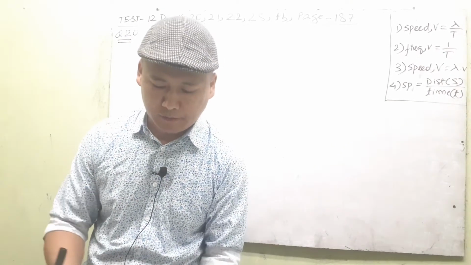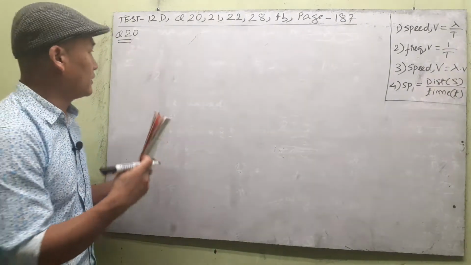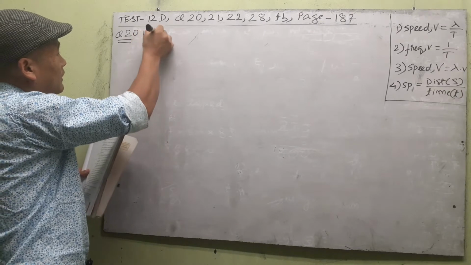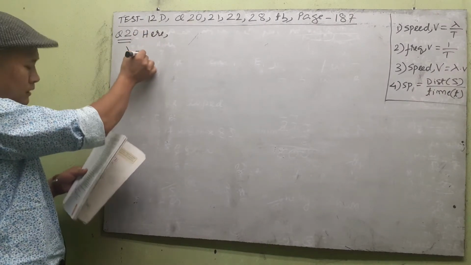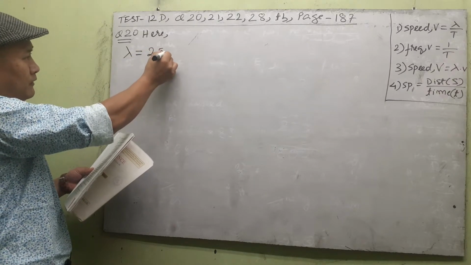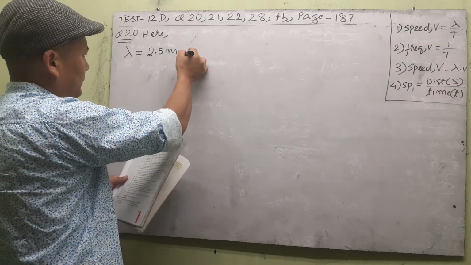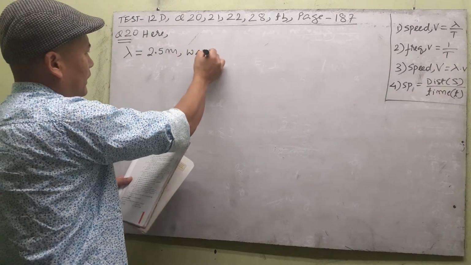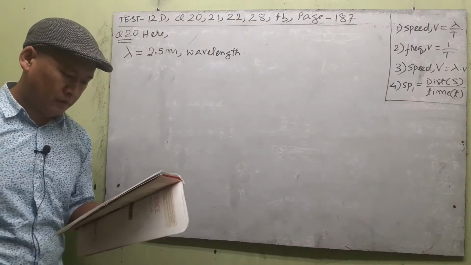A vibrating body produces a wave of wavelength 2.5 meter. So we can start writing. Here wavelength is denoted by lambda, as we have discussed in the beginning. Wavelength of this wave is 2.5 meter. Meter is the SI unit, so that's fine. And this is the wavelength of the sound wave involved.